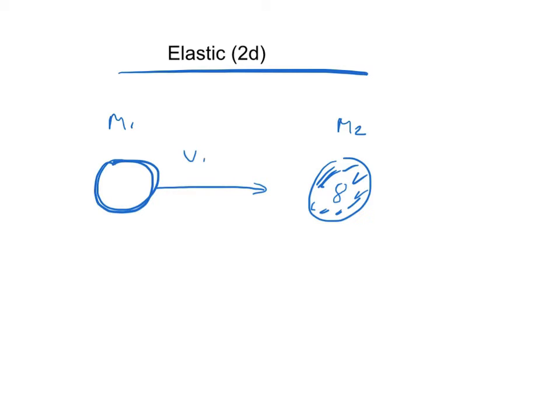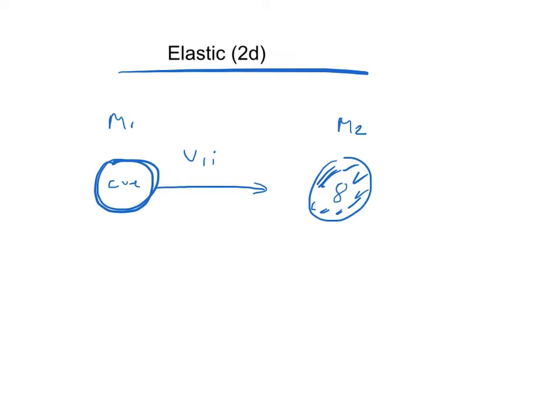So the classic idea here, pool ball, we'll say, here's the cue ball, and we're going to hit it into, let's say that we're shooting at the 8 ball. And we'll call this M1 and M2, and this is coming in with some velocity, so V1 initial. I'm going to write cue ball in here just so we know.